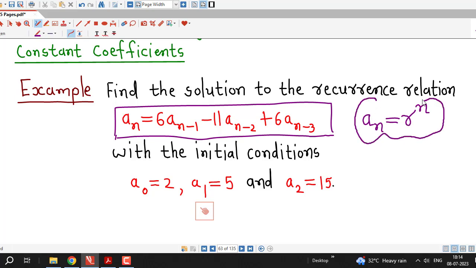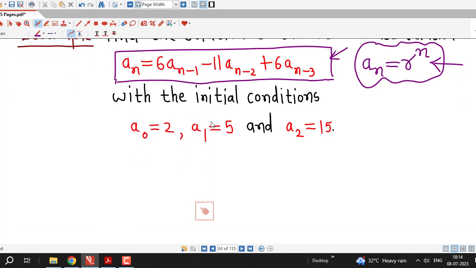In fact, we know that the solutions of this type of linear homogeneous recurrence relations are always in this form. So we can put an equal to r raised to n, and then by dividing with the lowest degree term in r, we will be able to write down the characteristic equation.